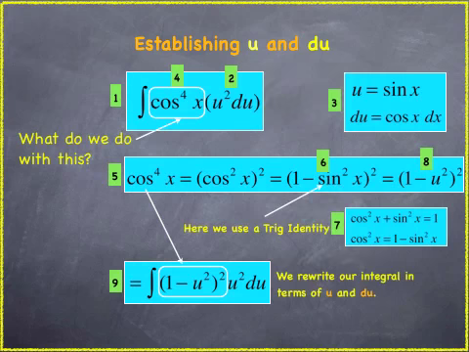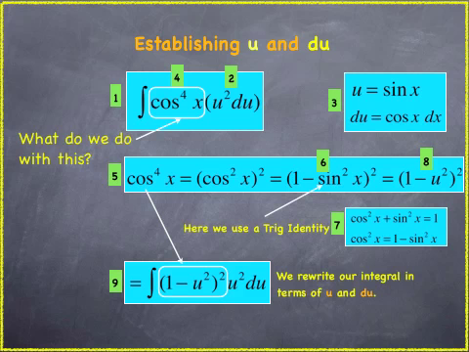So, item 1, we're in the process of changing our integral. We have u squared du in 2, no problem there. But in item 4, what do we do with the cosine to the 4th power? So, as a reminder, in item 3 we have u and du listed there. And in item 5, we're going to start replacing our cosine to the 4th power. So, first of all, cosine to the 4th is cosine squared squared. So we can write that down.